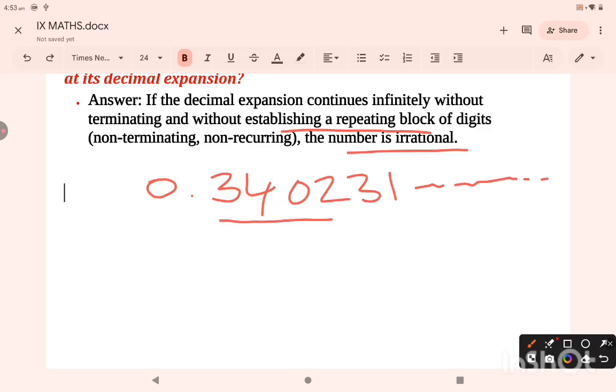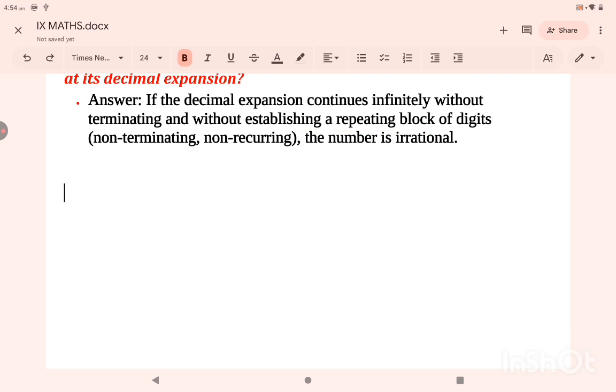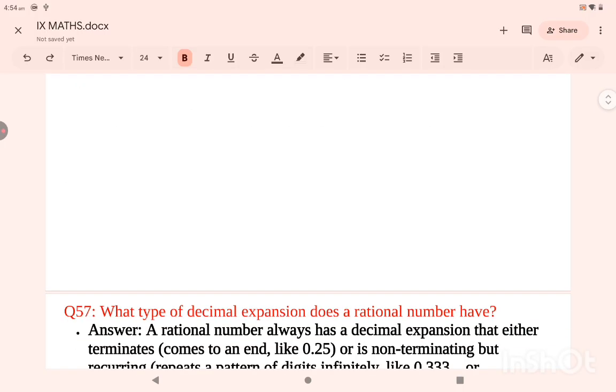The number is irrational. Therefore, every non-terminating, non-repeating decimal is irrational. Okay. Next one.